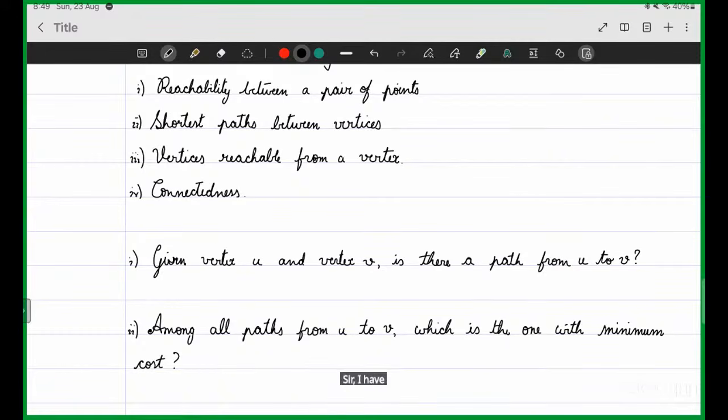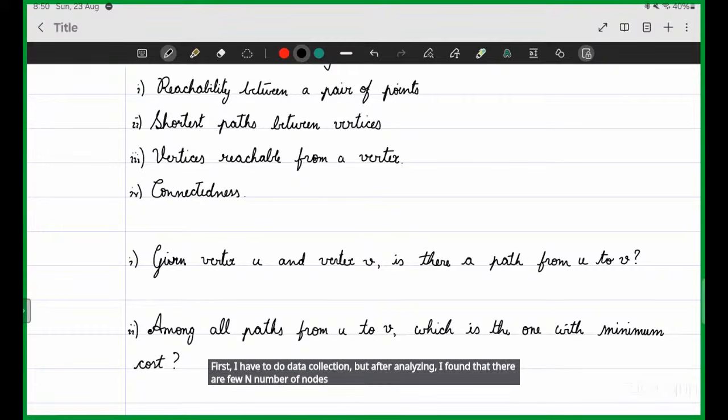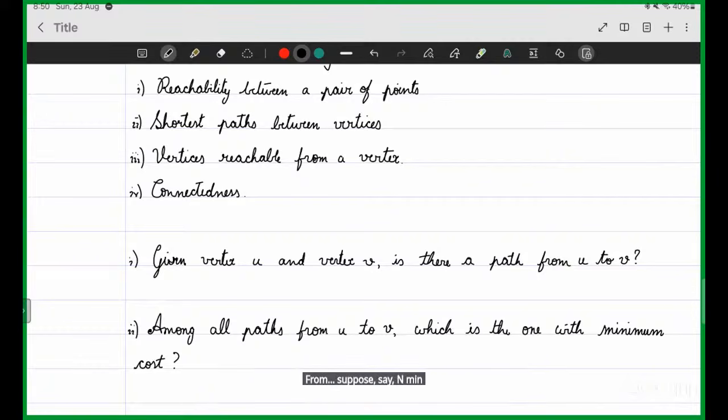I have a question. Suppose I am collecting data and I'm just binning my data. According to that, I made nodes and edges. After analyzing, I found that there are n nodes, suppose n minus 1 nodes, n minus 2 nodes, which can be clubbed in.